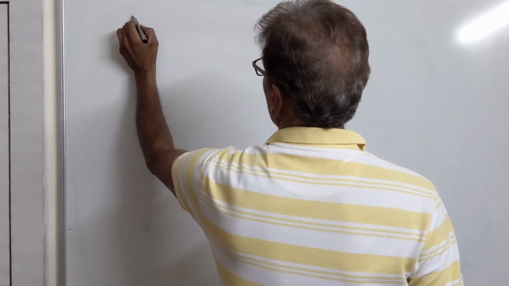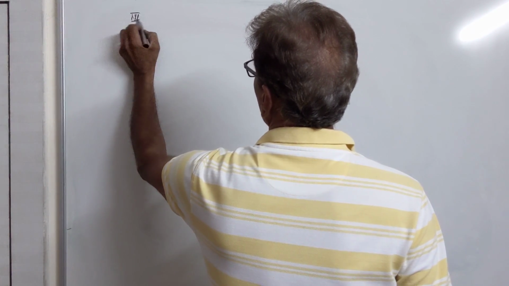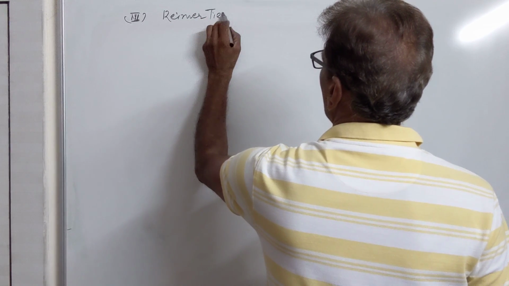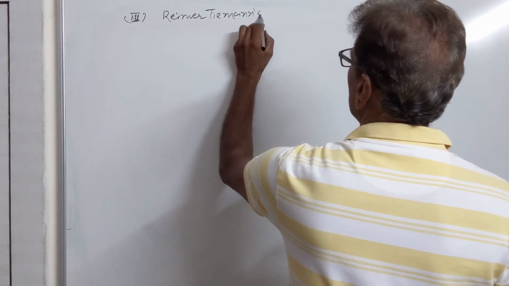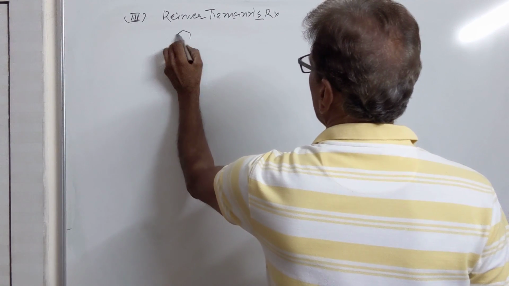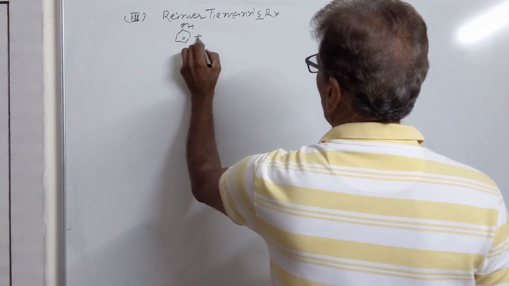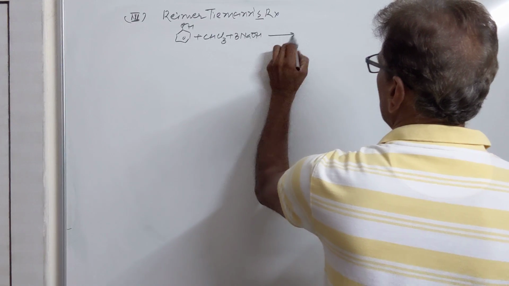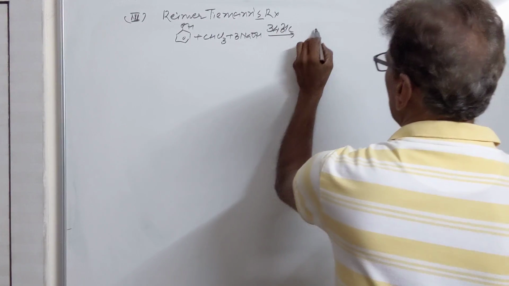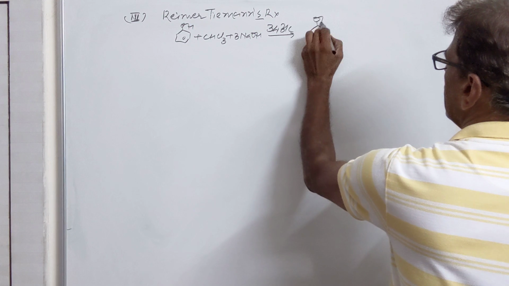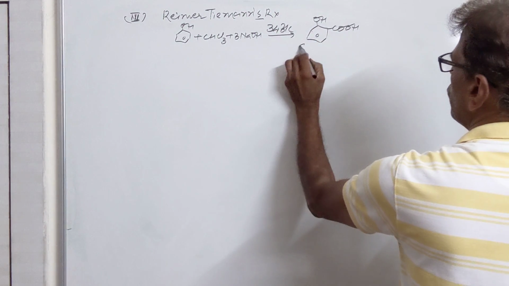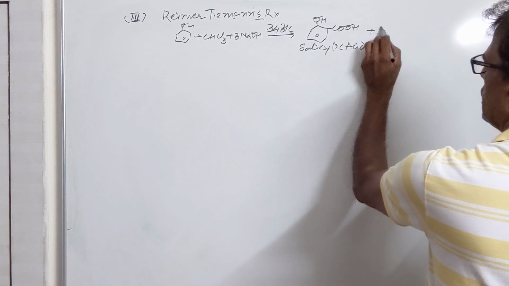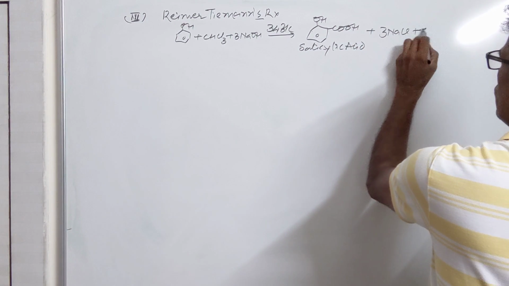So we have the next property, that is the fourth property, the Reimer-Tiemann reaction. Phenol is treated with chloroform in the presence of 3 NaOH at 343 Kelvin. The product will be salicylic acid plus 3 NaCl plus 2 water.